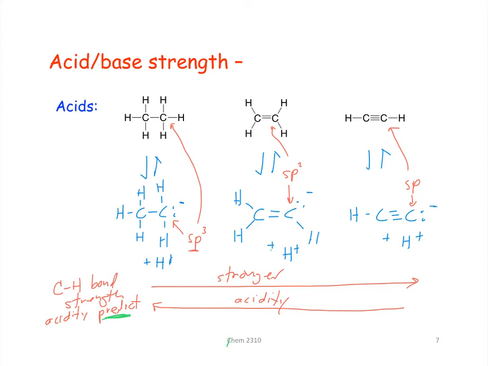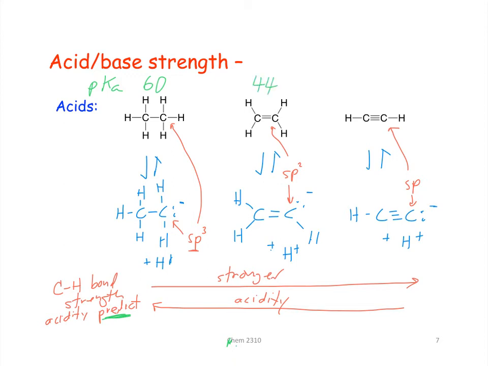Like we did before, let's write the pKa's up here. The pKa of ethane, which should be about the same as methane, is going to be about 60. So that's a super weak acid. Ethene, what do you think? Does it go even higher or lower? No, the pKa is 44.